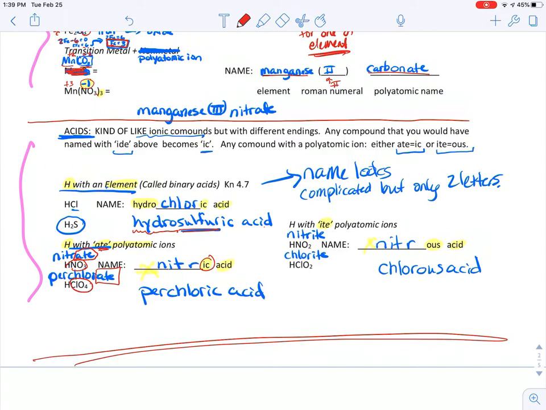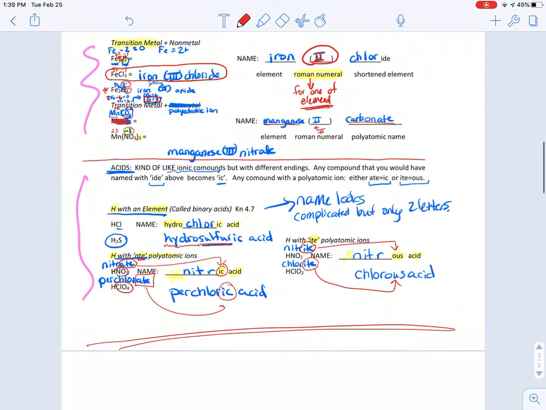So this is nitric acid, and this is perchloric acid. So the -ate becomes -ic, and you add the word acid. All these have the word acid added. And then last but not least, we have our -ite, and -ites become -ous. So nitrous acid and chlorous acid.